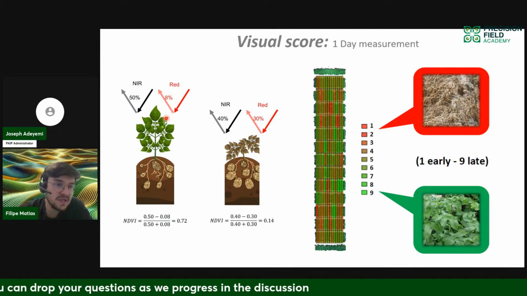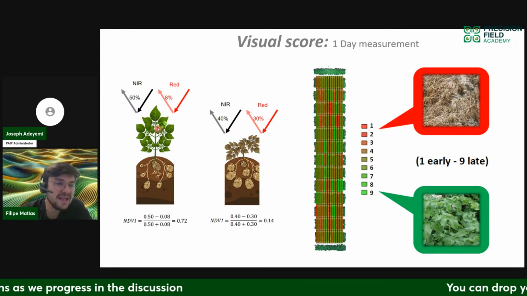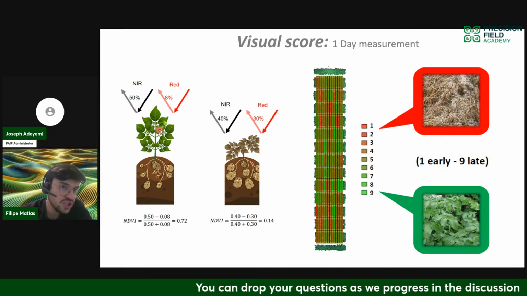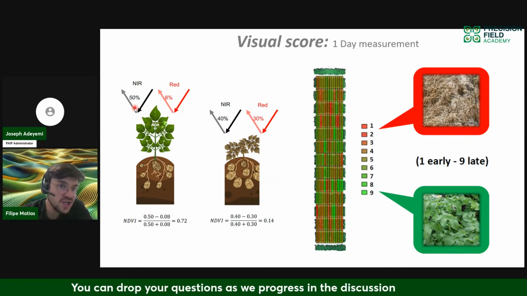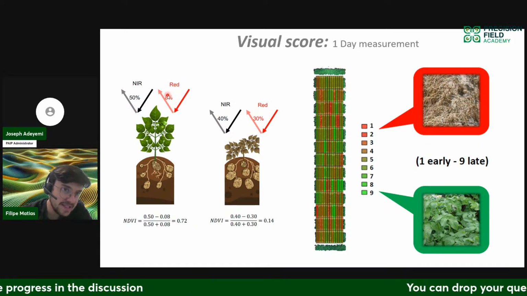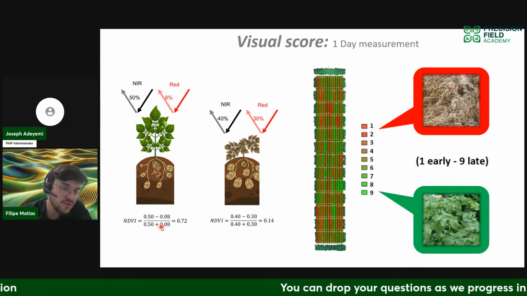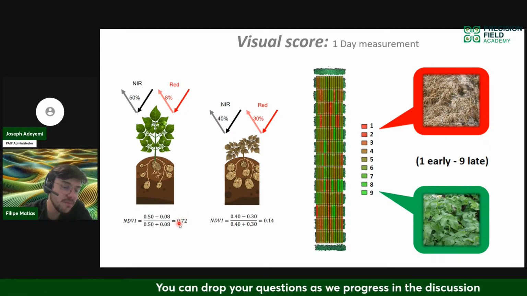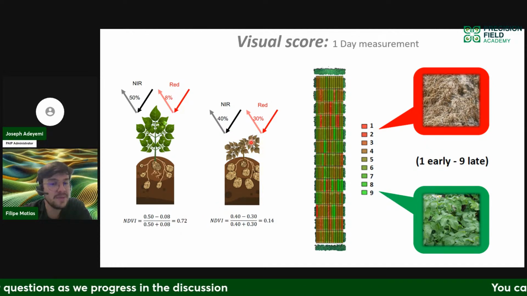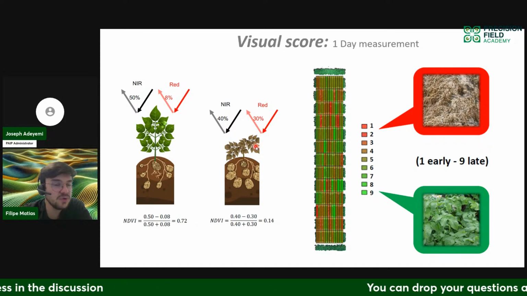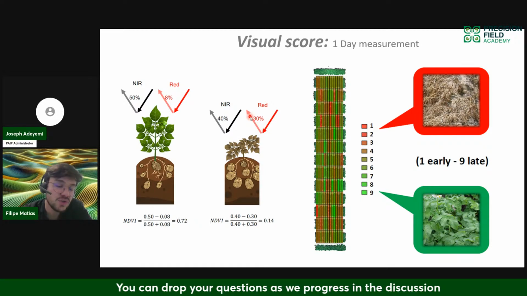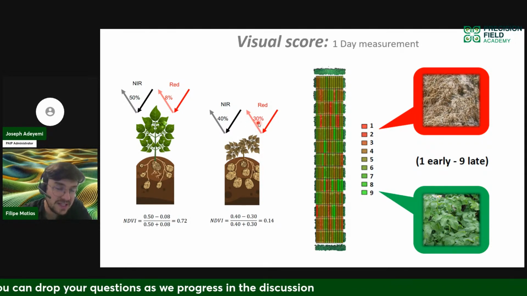And for example, when the plant is very green and healthy, it has higher absorption of red color and higher reflectance on the NIR. So it reflects more NIR and less red. When you combine that information together, you're gonna have a higher number than when the plant is dying or already in senescence, where because you have less chlorophyll, you have lower absorption of red, and the consequence is increased reflectance on red.